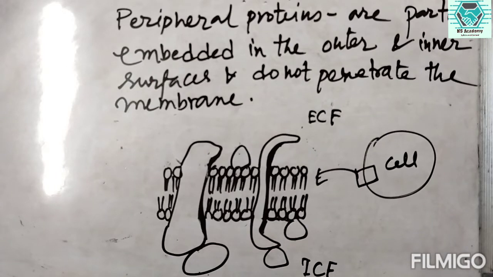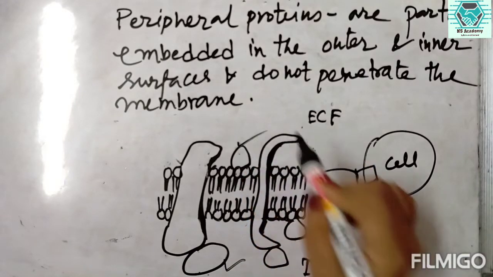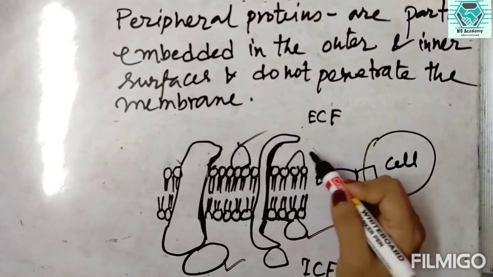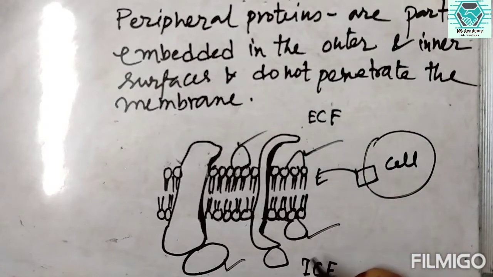So here we see that this one is a peripheral protein, this one is a peripheral protein, and this one is also a peripheral protein. So these proteins may be bound with the integral protein, or they may be bound with the lipid membrane, but they are present outside or inside of the membrane. They do not penetrate the membrane. Okay.